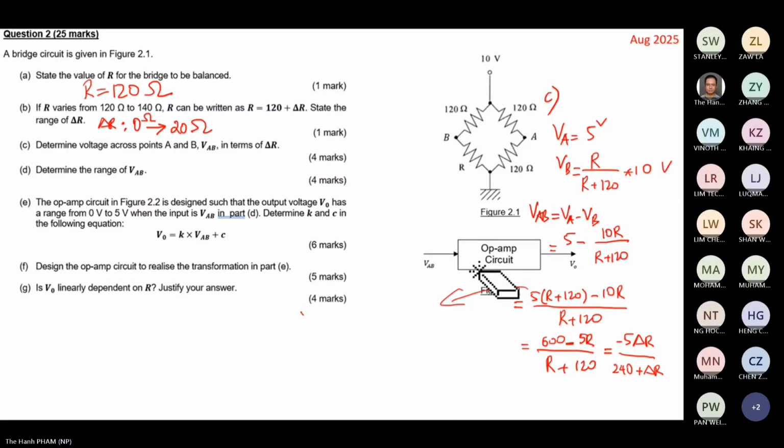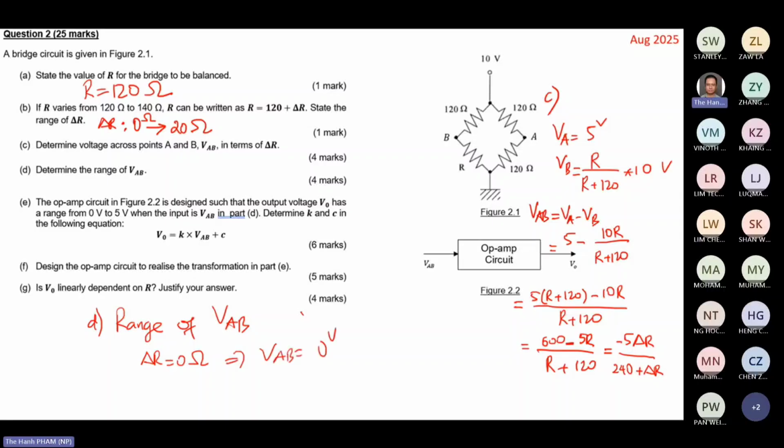Okay. Then they ask this: determine the range of VAB. Now, this is a formula for VAB. Delta R can be from 0 to 20. So when delta R is 0, your VAB should be 0 because it multiplies with 0 here.